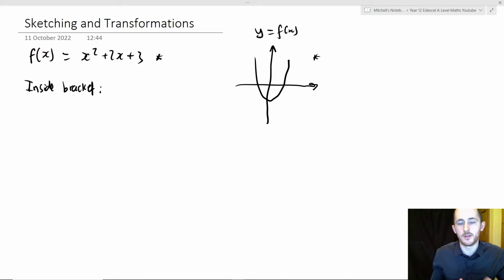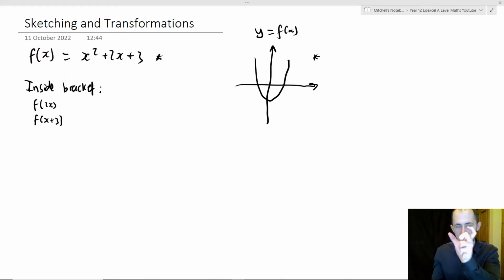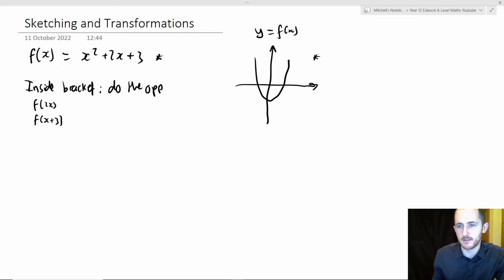so for example, this could be something like f of 2x or f of x plus 3, for example. So if it's inside that x bracket, then you do the opposite. You do the opposite, okay?